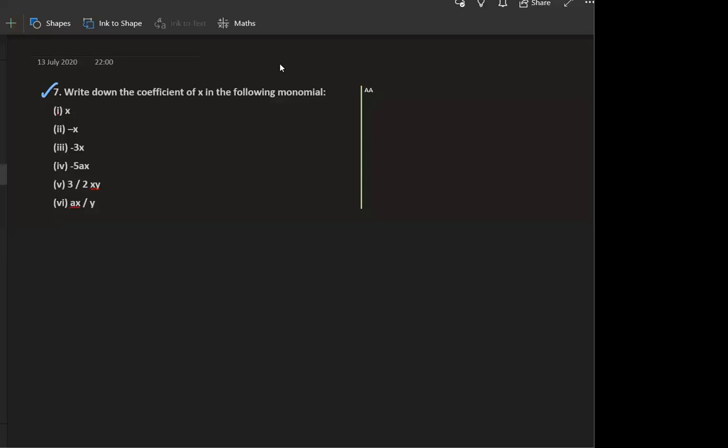For example, if I say 3xyz, what is the coefficient of z? Just remove z and whatever is left, that is the answer.